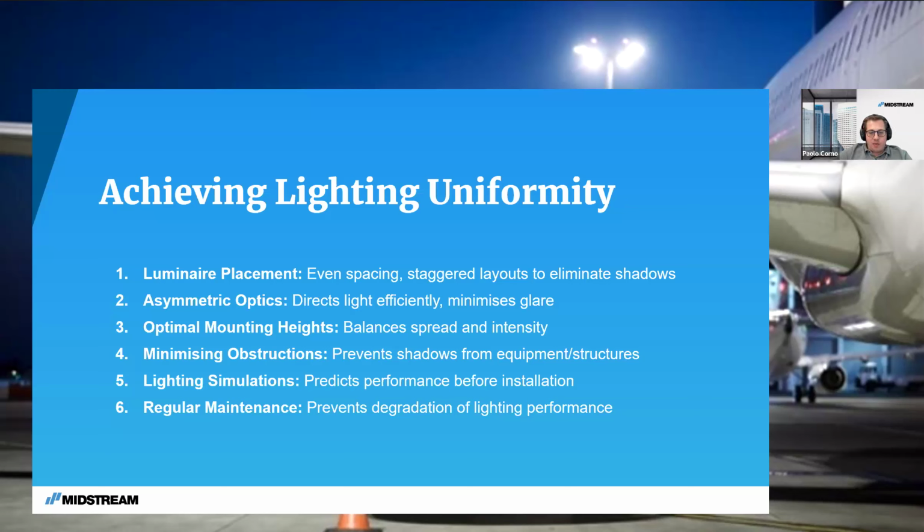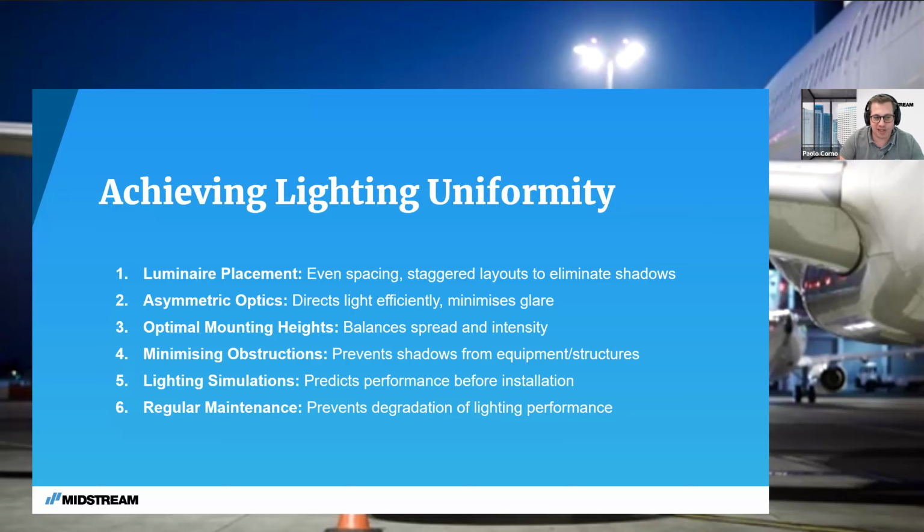But one of the easiest ways to achieve good uniformity is to have correct luminaire placement. This means having a correct interval of distance between the positions of the masts. For example, an ideal position is having one mast every aircraft stand, which sometimes is done in airports in brand new constructions, even though it could be quite costly in terms of infrastructure, even just the masts themselves.